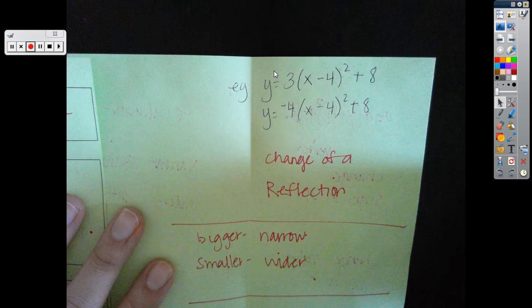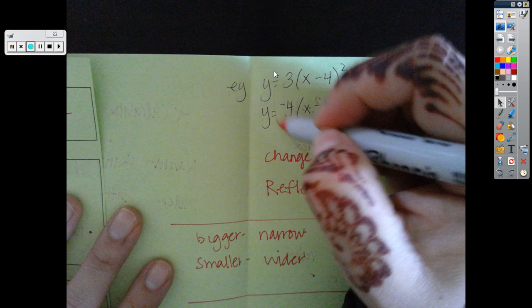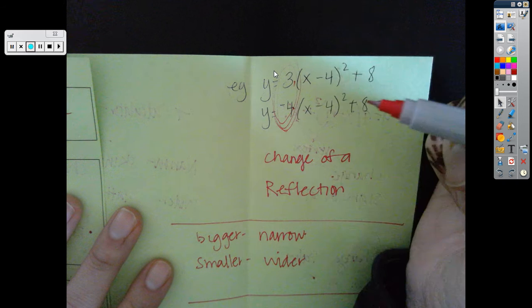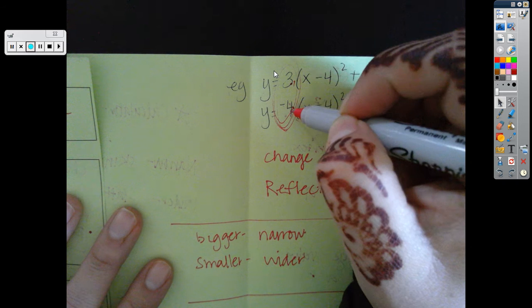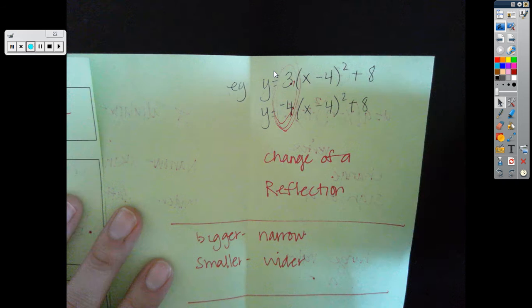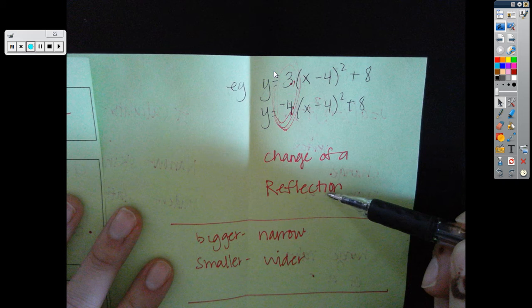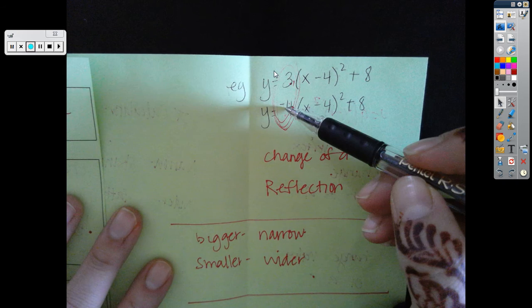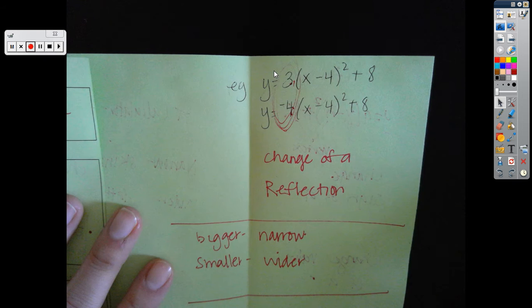The only thing that's changing is the A, going from 3 to 4. This one is positive, this one's negative, so there's going to be a reflection. And from 3 to 4, that's bigger, so it's going to get more narrow.